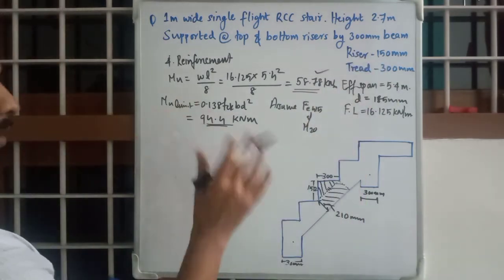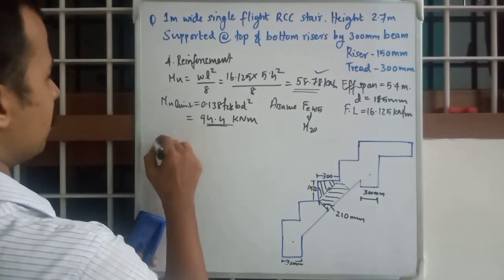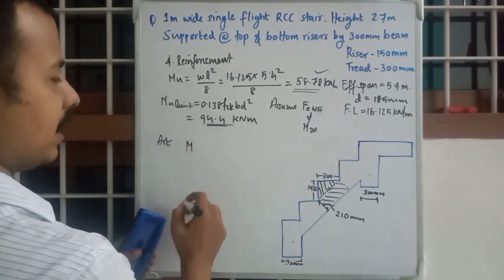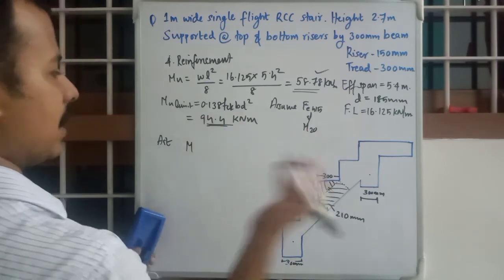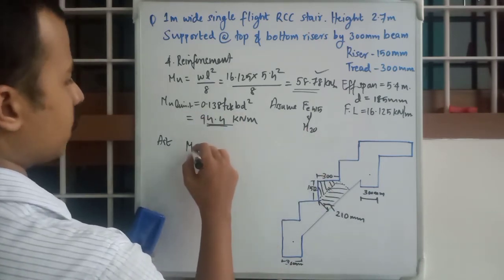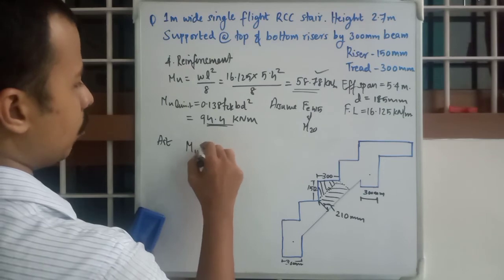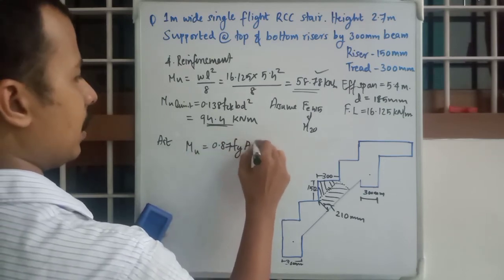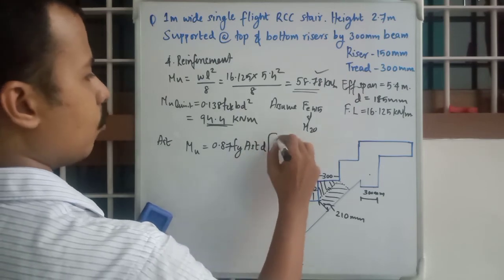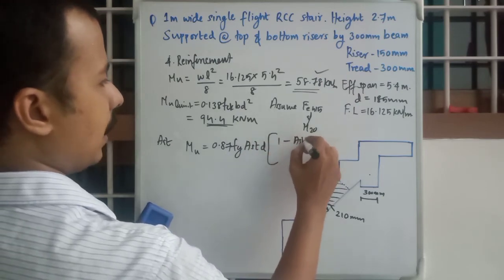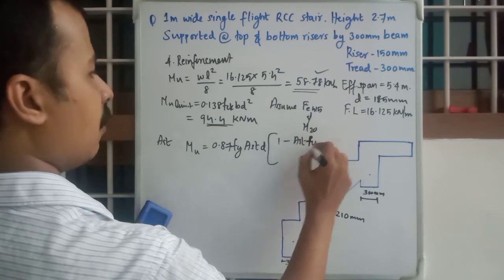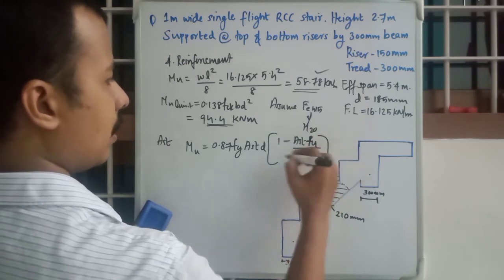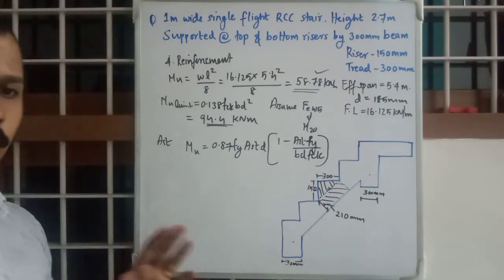Carrying on, the same equation for calculation of Ast, the same equation as we did in slabs and singly reinforced beams. Mu is equal to 0.87 fy Ast d, 1 minus Ast fy by b d fck. Same old equation.